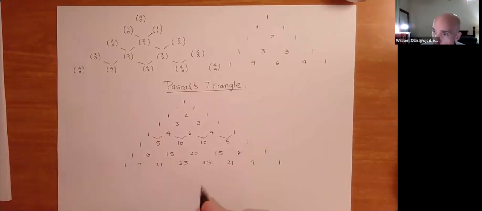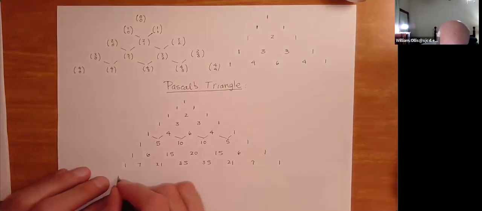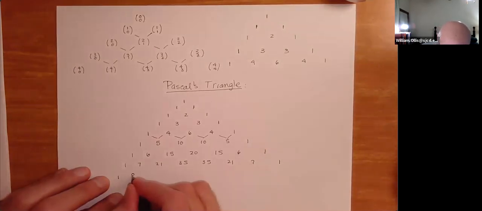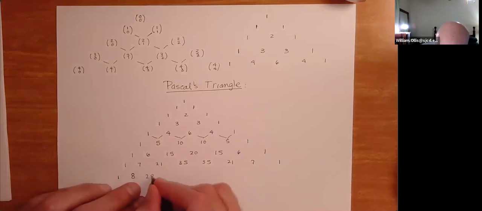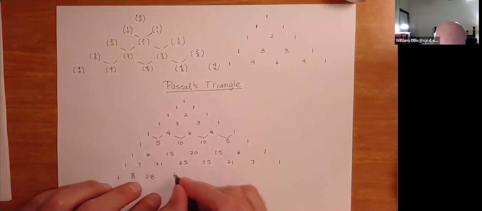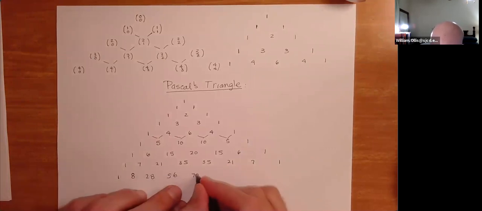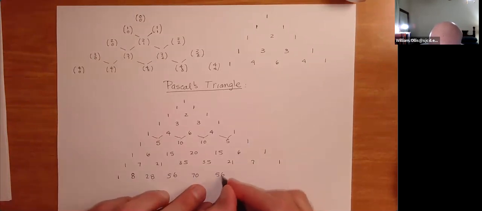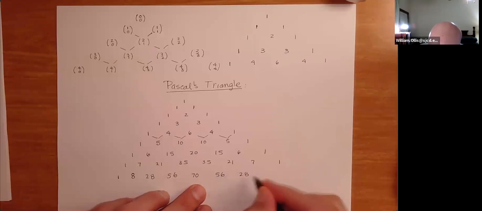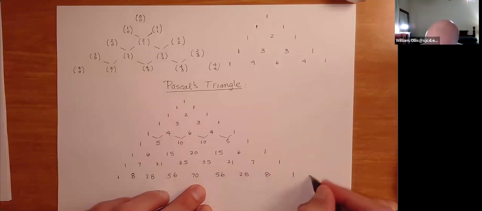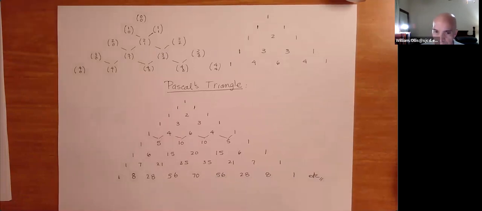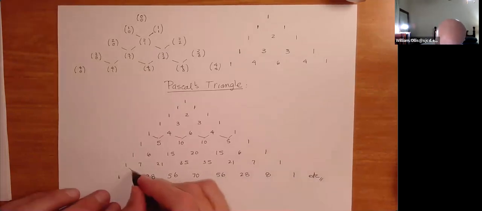We will, but we'll just look for one term. 1, because this has its limits, 8, 28, and then we have 56, and we have a 70, and then 56, 28, 8, 1, etc. So this, again, Pascal.